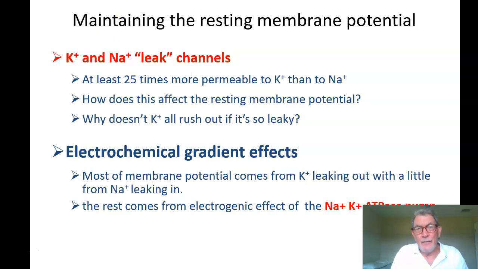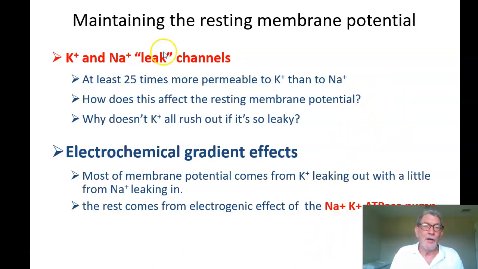You maintain this negative 70 by, there's a certain amount of leak that happens. Some sodium's always leaking in, potassium's always leaking out. And then you make up the difference by the sodium-potassium pump pumping the sodium out and the potassium in. It pumps sodium out, which keeps most sodium on the outside, potassium in.